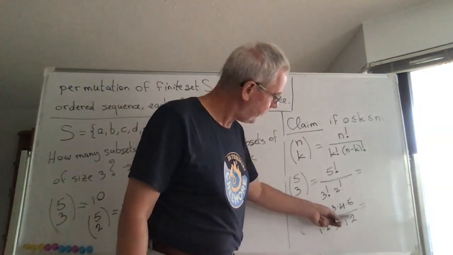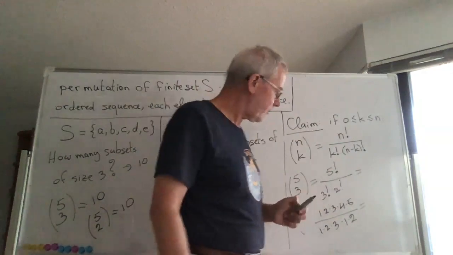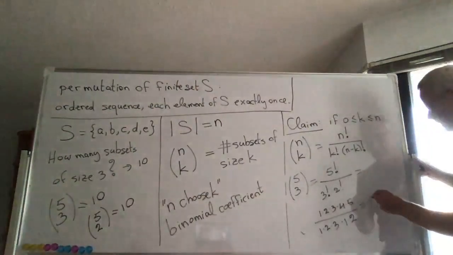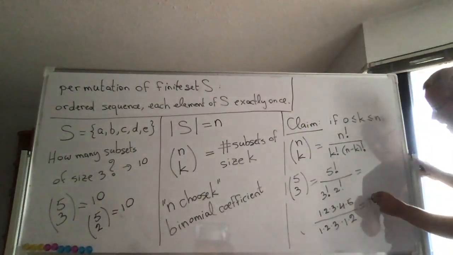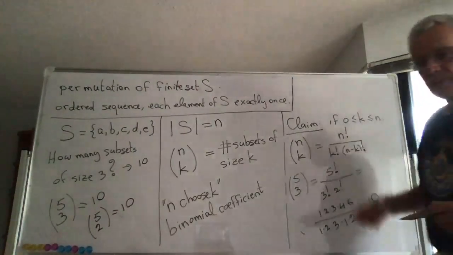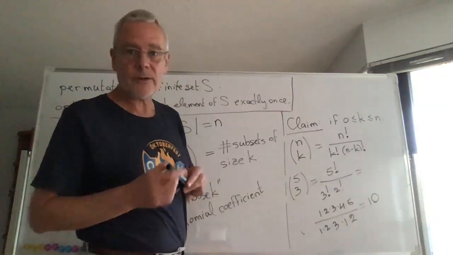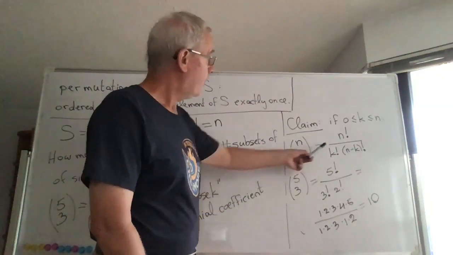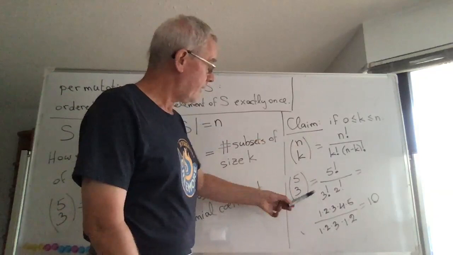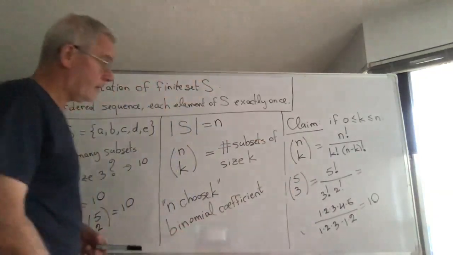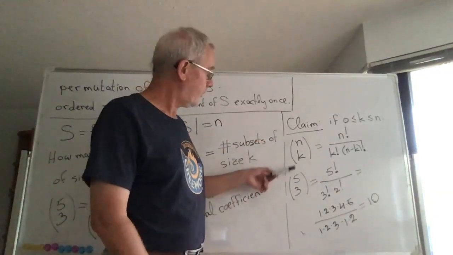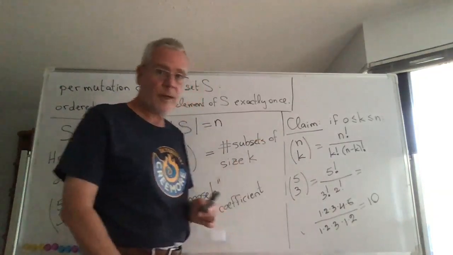The 4 over 2 becomes 2. 2 times 5, and yes, we do get 10. So the expression for the binomial coefficient n choose k is equal to that, and at least this verifies that this is true if n equals 5 and k equals 3.